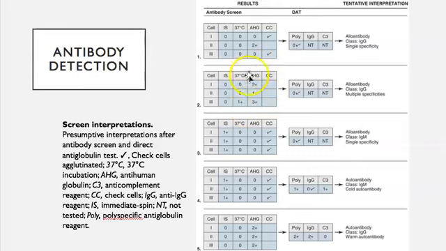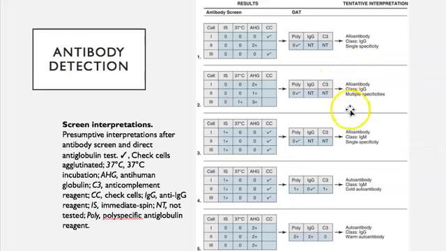But when we get to AHG, we're seeing reactivity in all 3 of the cells, with varying strengths of reactivity. We had a positive antibody screen, so we have to perform the DAT. Polyspecific was negative, so we don't have to carry out the testing for the monospecific reagents. What do these results indicate?